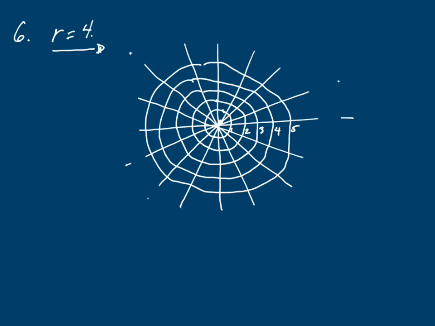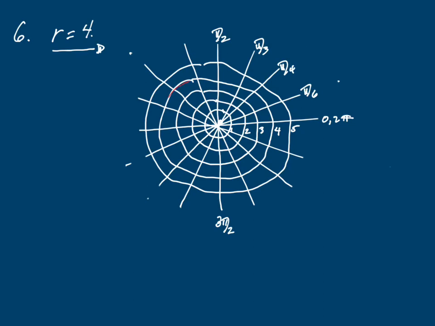Spider web. Okay, so going around, this is 0 or 2 pi, and then it's pi over 6, pi over 4, pi over 3, pi over 2. And this is 3 pi over 2. So what would r equals 4 be?